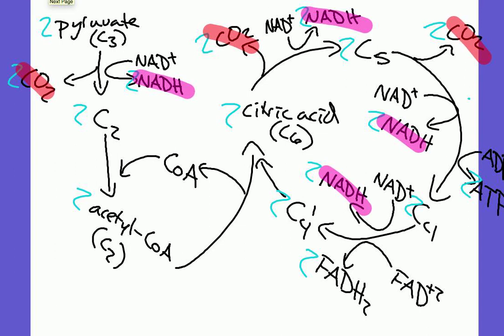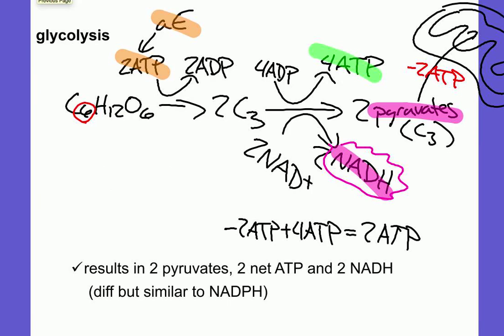I also made some other energy molecules. This one, right, was really important to us. But how many did I make? 1. 2. I made 2. Now, again, we talked about that before.